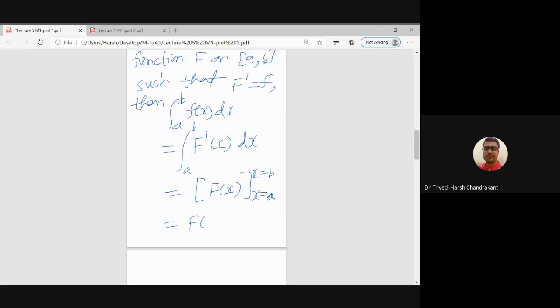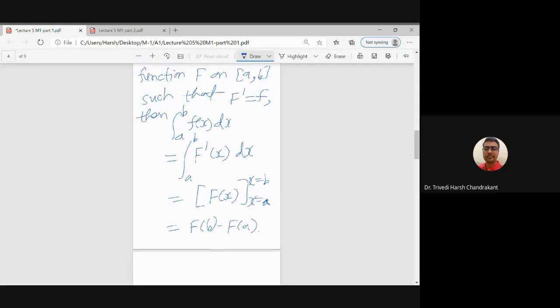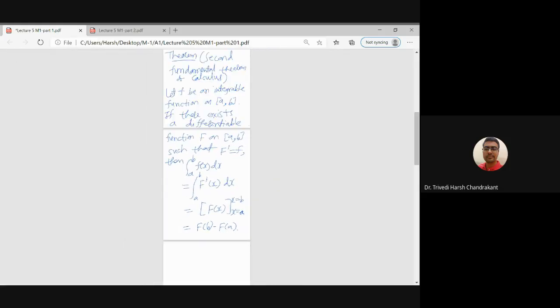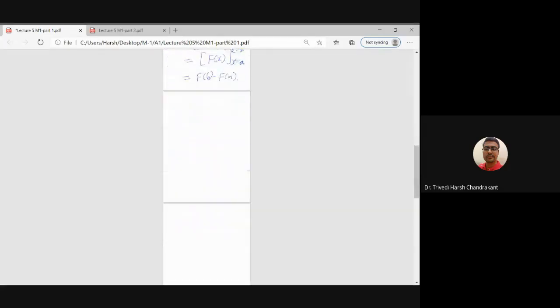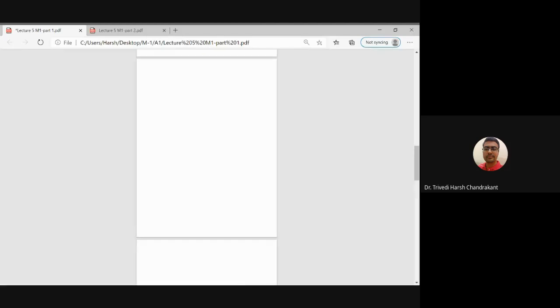So this is nothing but Fb minus Fa. This is the second fundamental theorem: the function should be integrable and it is the derivative of some function. We usually apply the second theorem whenever we integrate and substitute the limits of some function.